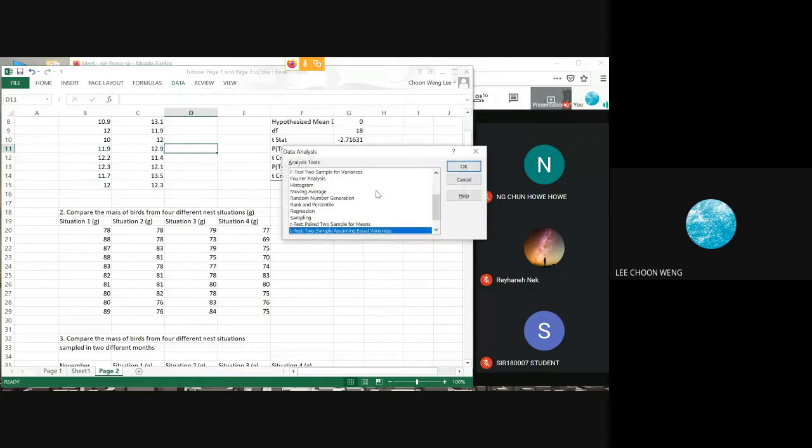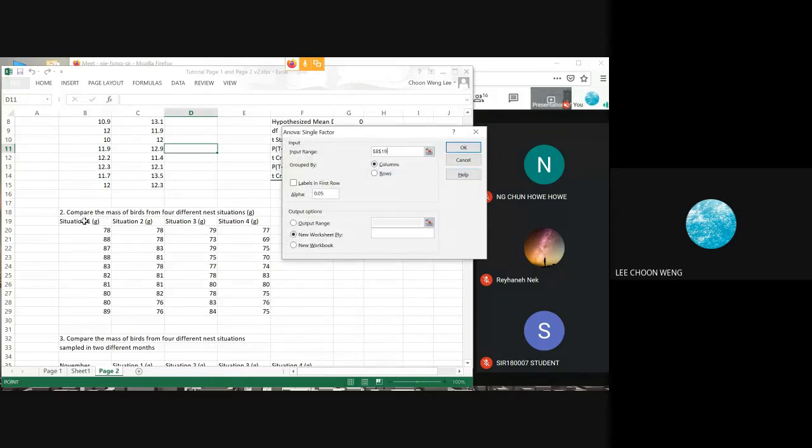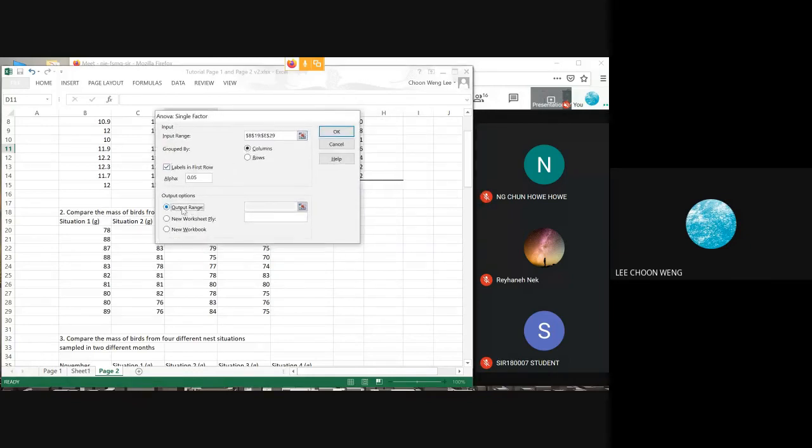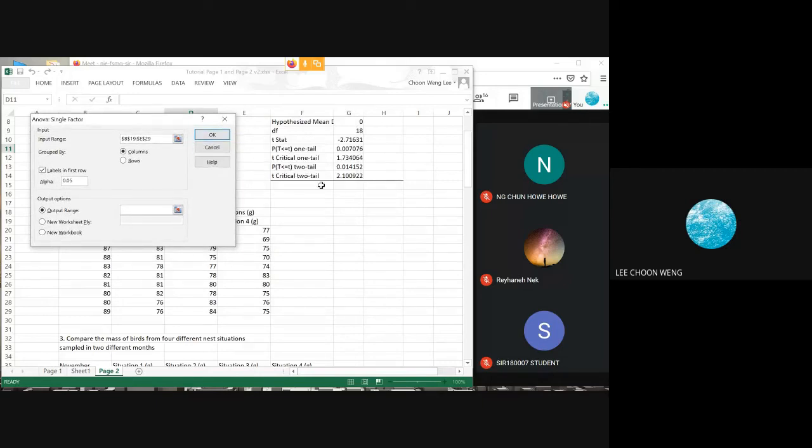Data analysis, okay, single factor ANOVA, input range. You group them by columns. The label is in your first row. The output range, you just have to, let's place it here.